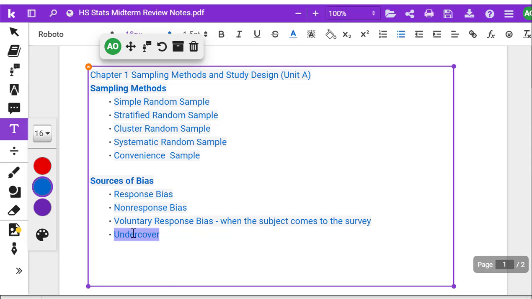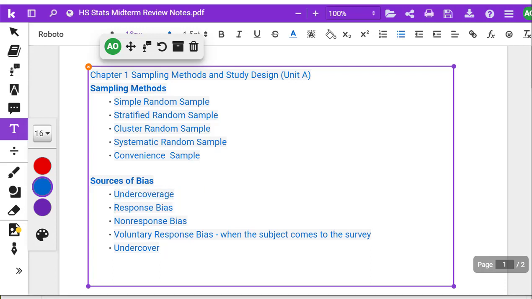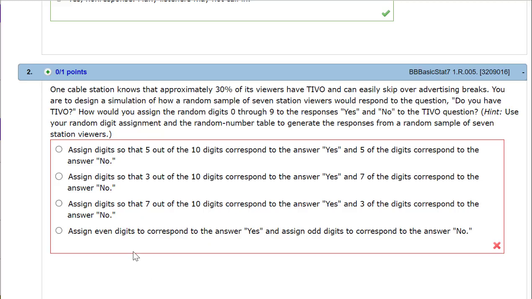Under coverage, response bias, non-response bias, all of those, we are taking the survey to the subject. But voluntary response bias is when the subject comes to the survey. Okay, back to the questions.